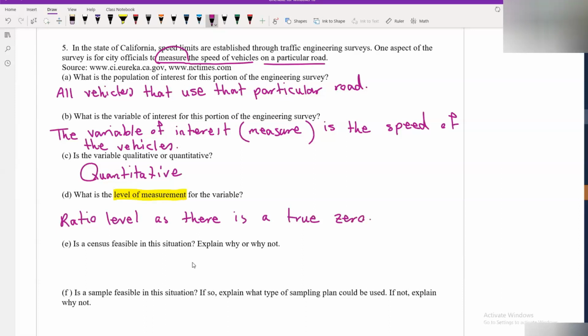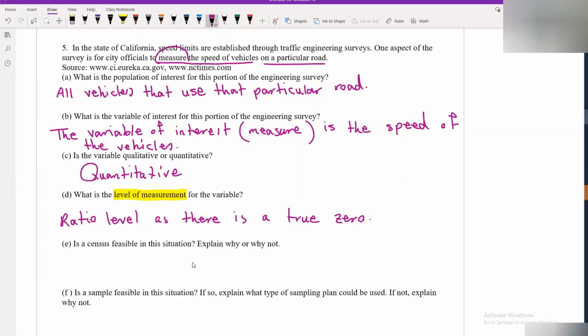Is this feasible in this situation? Explain why or why not. That means, are you able to count how many cars are on that particular road?